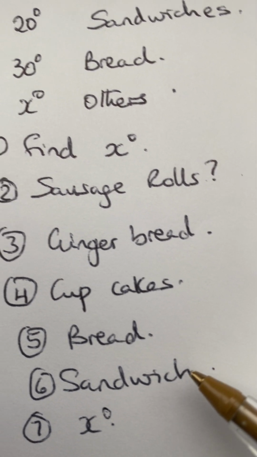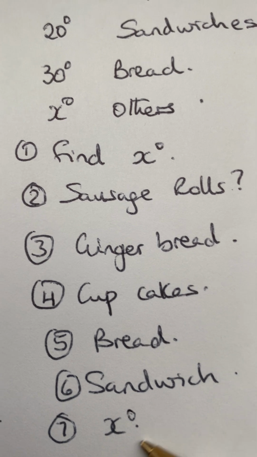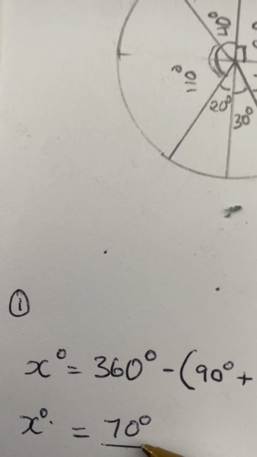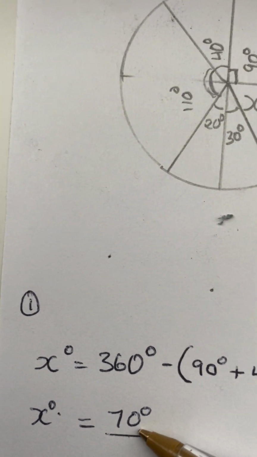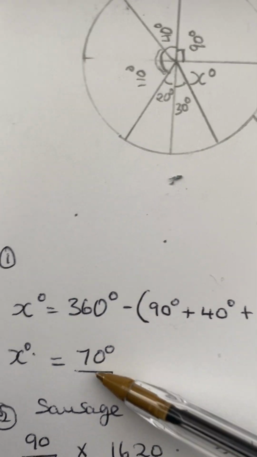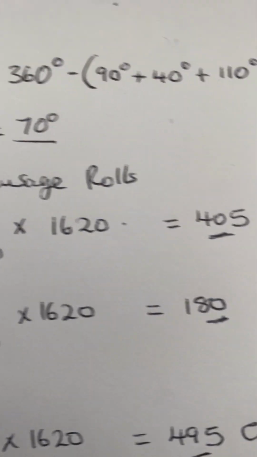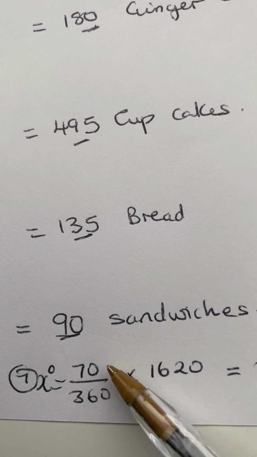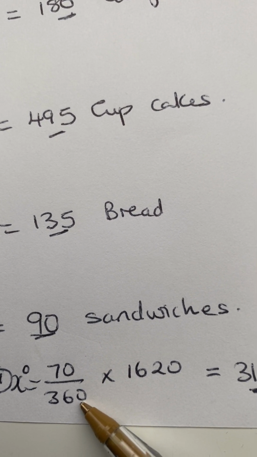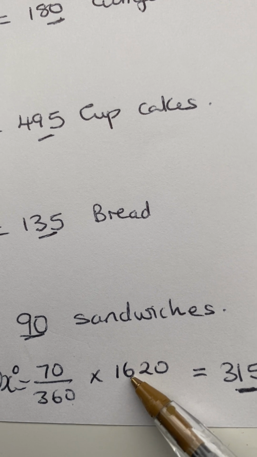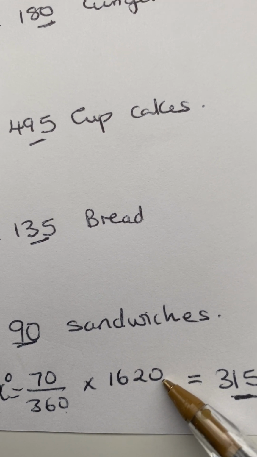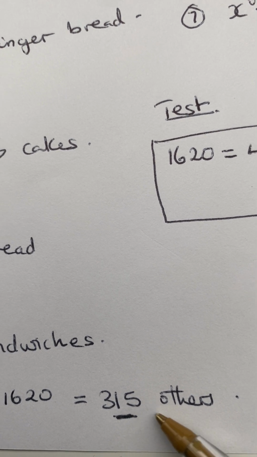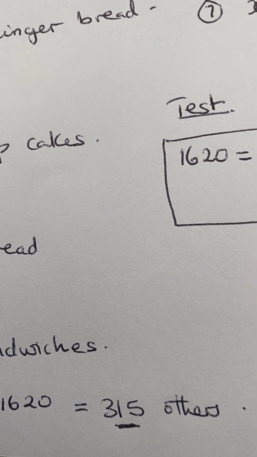They put that in the other section, and we found it to be 70 degrees here. So others is 70 out of 360 times 1620. And when you do that, you get 315 of the other bakery stuff.